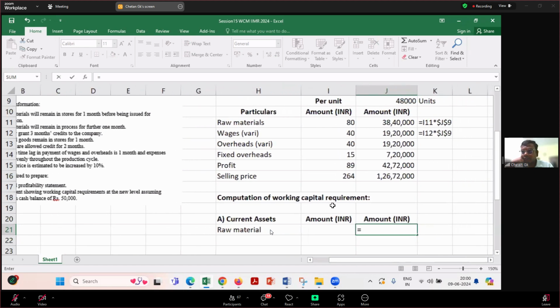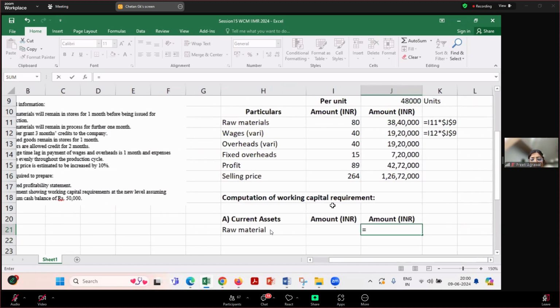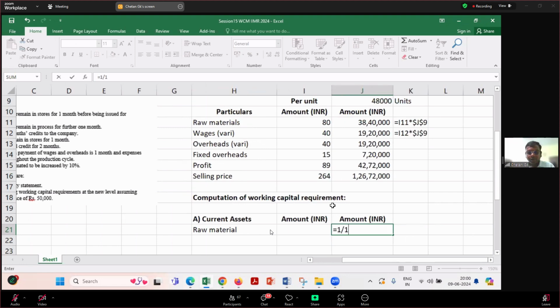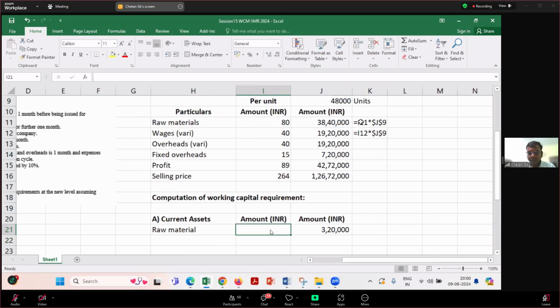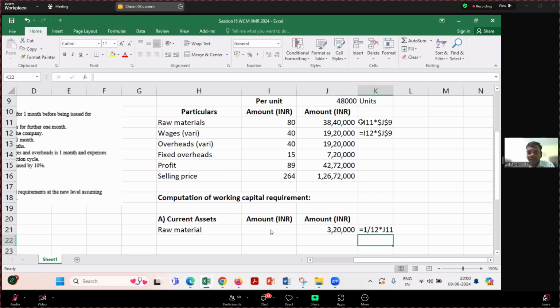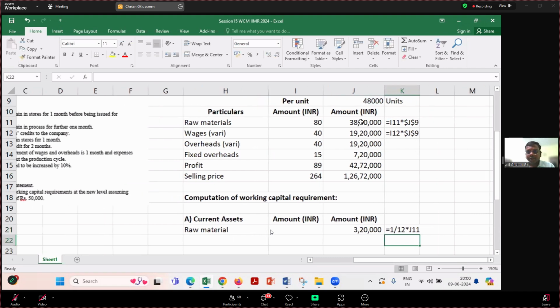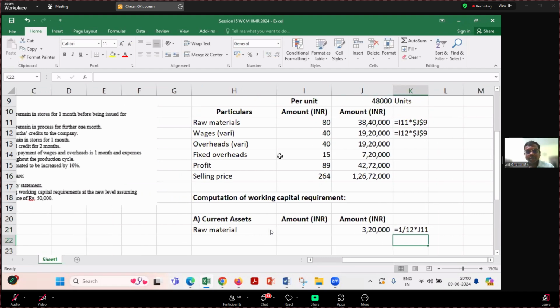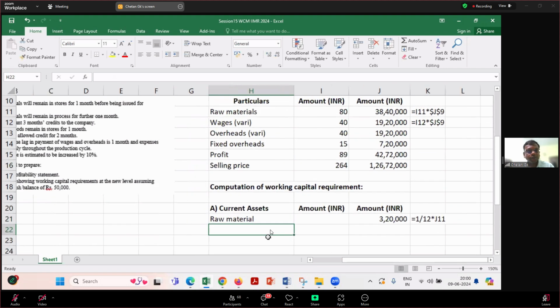Is it fine? Yes, sir. Given as 1 month, I have to multiply 1 by 12 by 38 lakh 40,000. I press enter, and I got the answer as 3,20,000 worth of raw material will be staying in the stores before it moves to production.